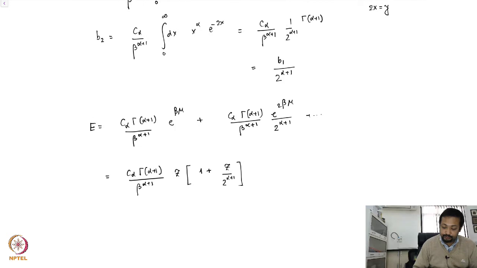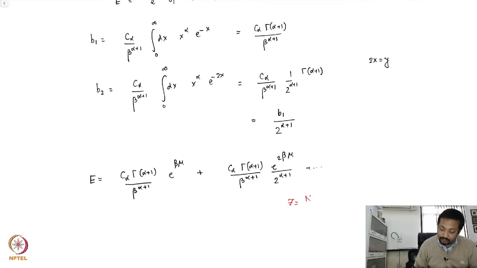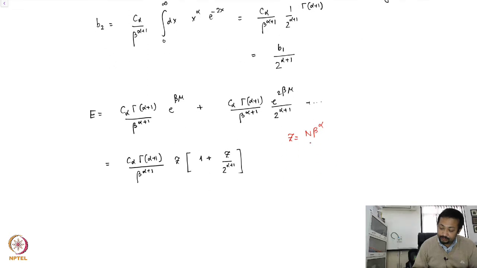So this is the relation that I bring down over here. Oops, there's too much of a difference, so let's just write down z, which we had obtained above: n β^α divided by c_α Γ(α), times 1 minus n β^α / (c_α Γ(α)) · 1/2^α, plus higher order terms.